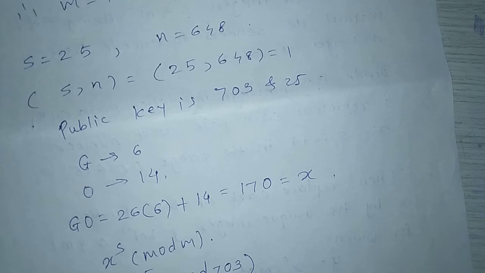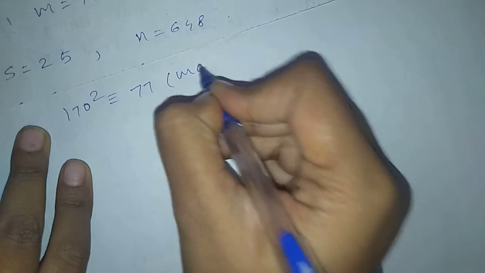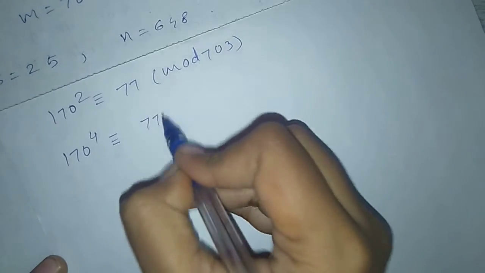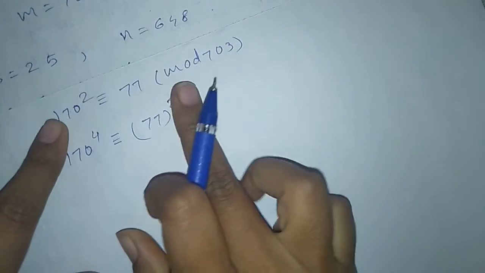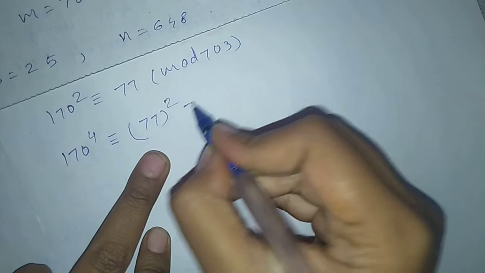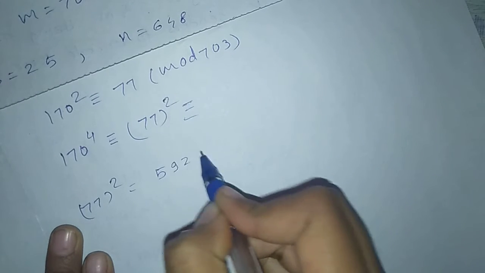Now 170 raised to 2 is congruent to 77 modulo 703. Now calculate 170 raised to 4, which is congruent to 77 square, because under modulo 703, 170 square is equal to 77. 77 square equal to 5929.